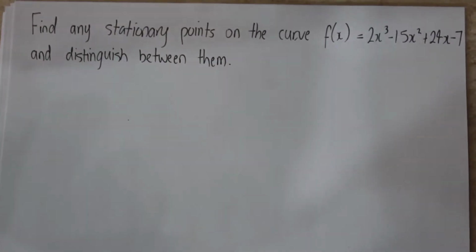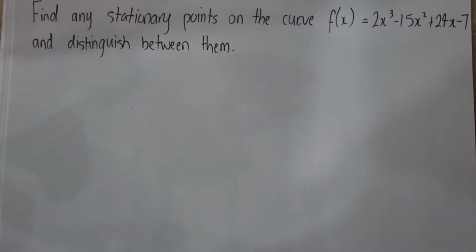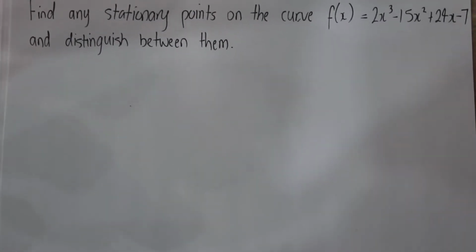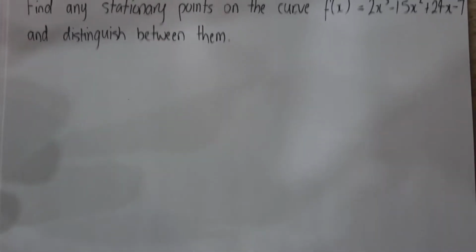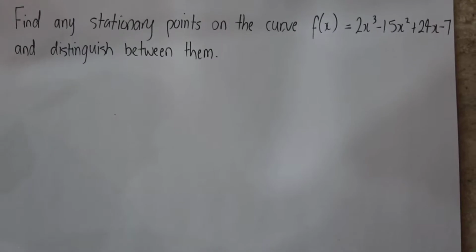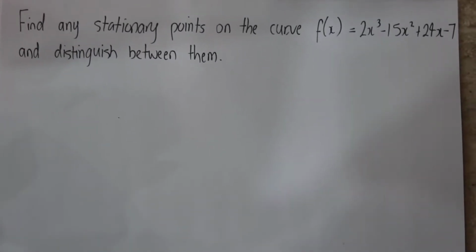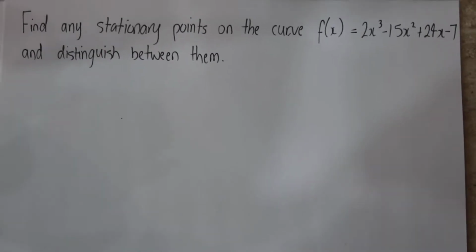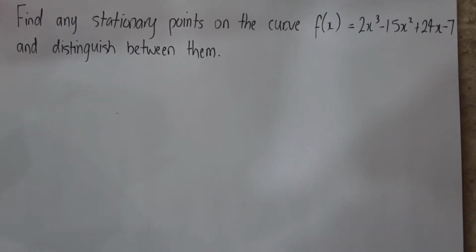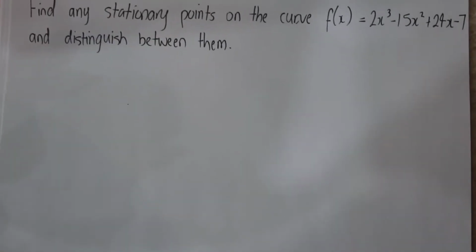Hey guys, so today we're going to learn how to find stationary points on curves in geometrical applications of calculus. Here we have a question asking us to find any stationary points on the curve f(x) equals 2x cubed minus 15x squared plus 24x minus 7, and distinguish between them.